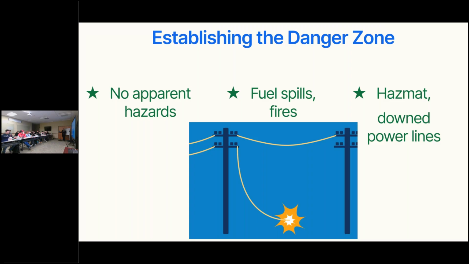So when there are no apparent hazards, you looked out your windshield, you assessed the scene, you don't think there's any apparent hazards. What do you think the minimum distance of your danger zone should be? 50 feet, perfect, okay. And then what about if you see a tanker truck that's spilled fuel on the ground or a fire, things like that? What's the danger zone for those situations?